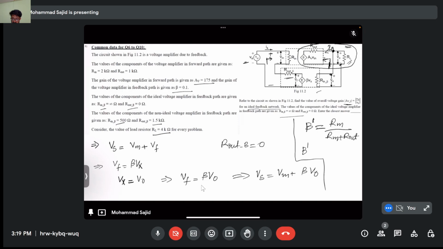And your beta dash using the values will be beta times R in, 0.1 into R in is 2K divided by R in 2K plus R out is 1.5K.